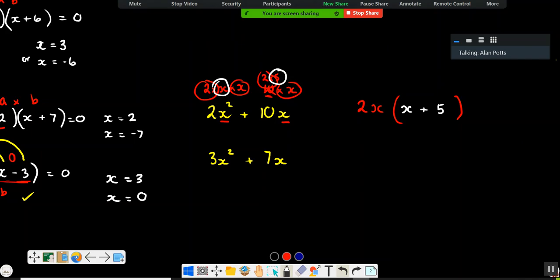Okay. Does that make sense, ladies and gents? Yeah. So if I look at it then, 2x multiplied by x is 2x squared. No. 2x multiplied by 5 is 10x. So I'm good there. So what about this one?